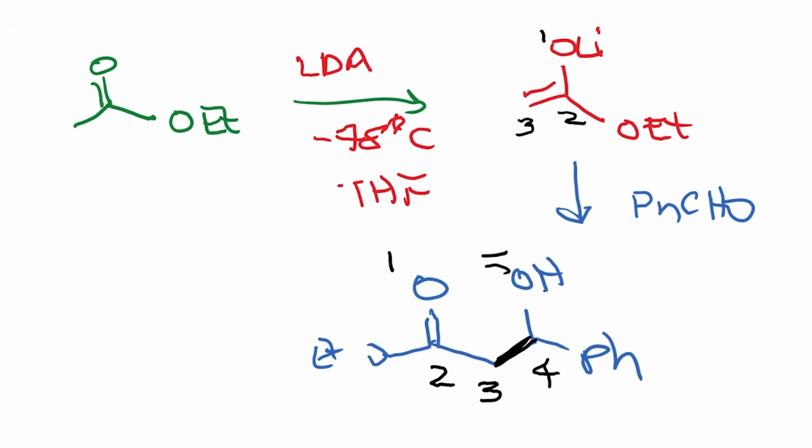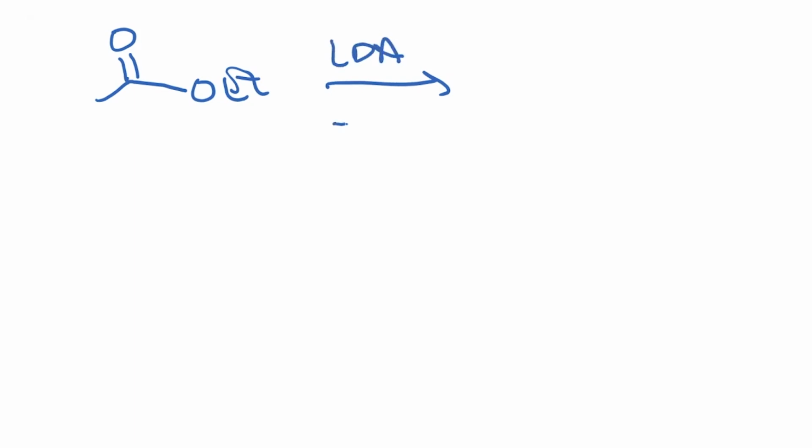Now the next method is to generate the silyl enol ether, which can also be done. If I start with C double bond OEt, I might need to use a slightly stronger base here sometimes, and the base I would use is LDA at minus 78 degrees centigrade.